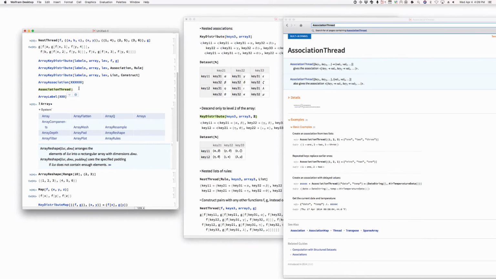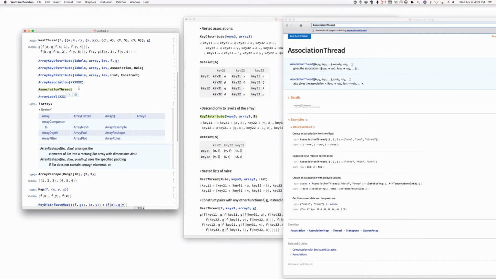Exactly. So the default for association thread can't be to do this. We would have to give association thread a second or third argument, specifying at which level we have the keys, or require that users insert key so that we are sure these are keys.